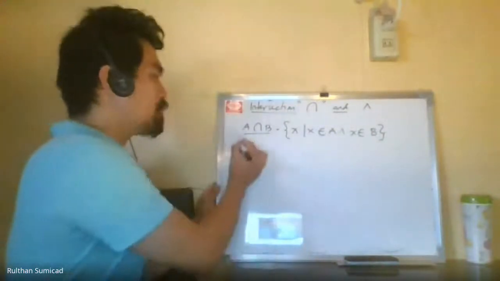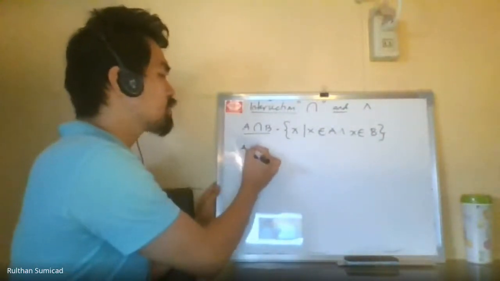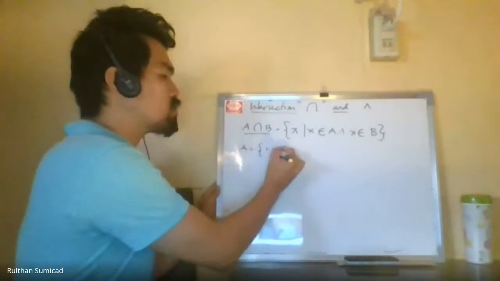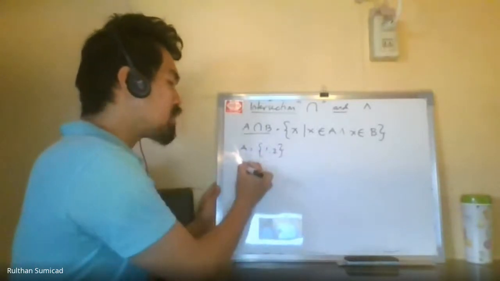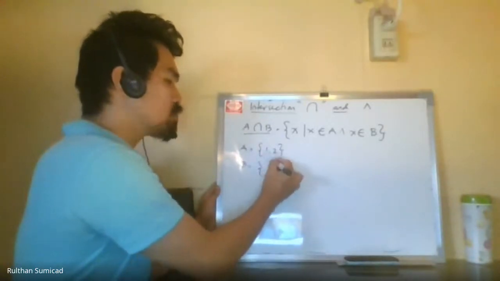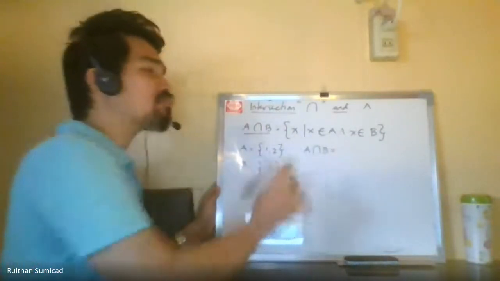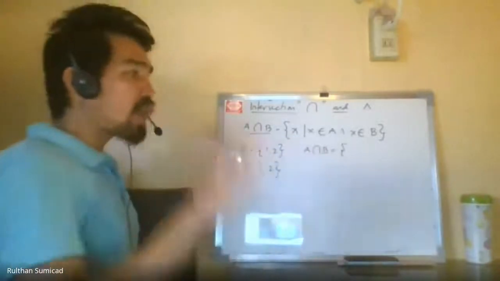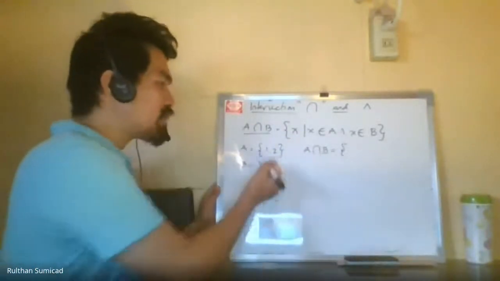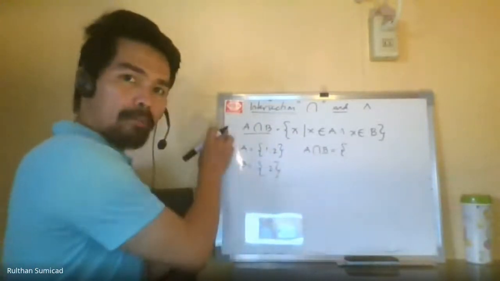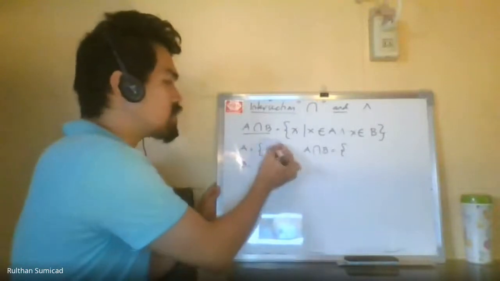For example, if we have A containing 1 and 2, and B containing 2, then A intersection B simply refers to a set containing an element that is found in both. In this case, we have 2 that is found in both.